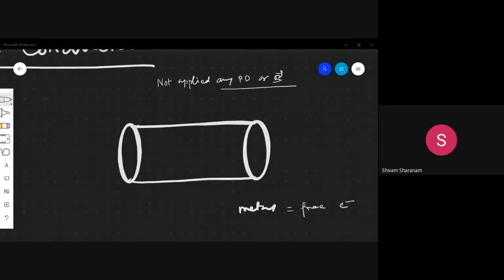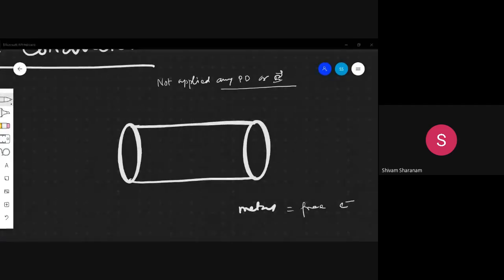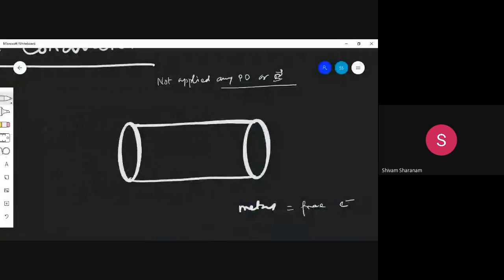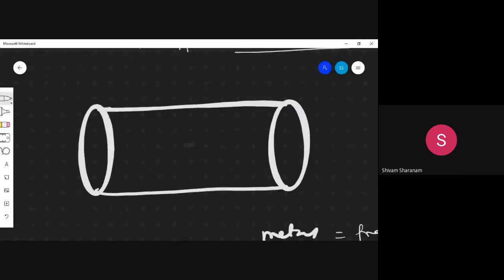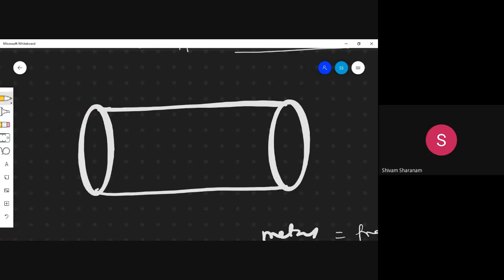So the free electrons can move randomly inside. Yes or no? Yes, sir. When these electrons move randomly, in this metal only electrons are there or other things are also there?